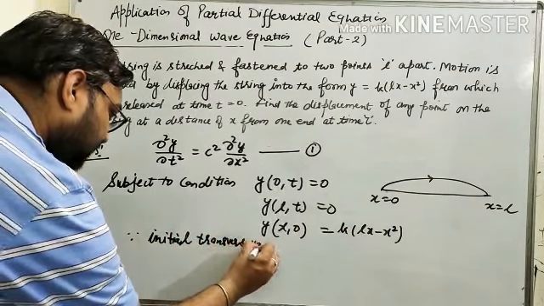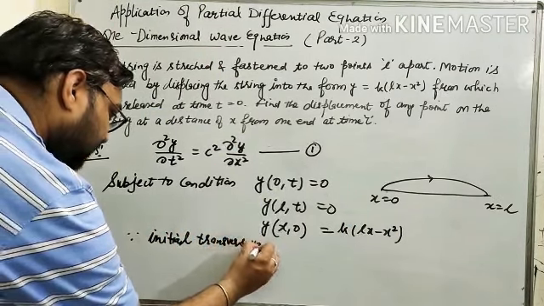So we have to differentiate this particular equation partially with respect to small x and small t, that is capital X is a function of small x and capital T is a function of small t. So we get del 2y over del t square is equal to capital X d2T upon dt square, and del 2y over del x square is equal to capital T d2X upon dx square.